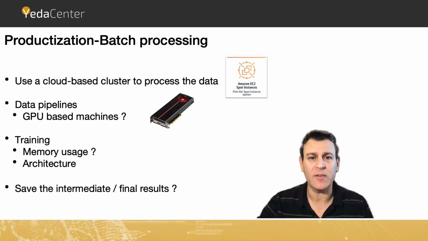Those spot instances are instances where your cloud provider usually has some available hardware that is available for instant use, and usually it costs 80% less than an on-demand instance.